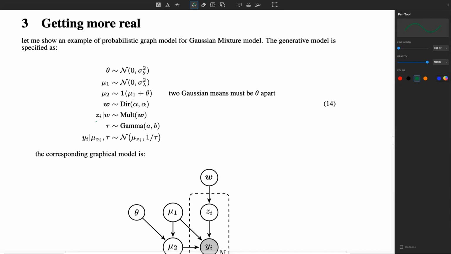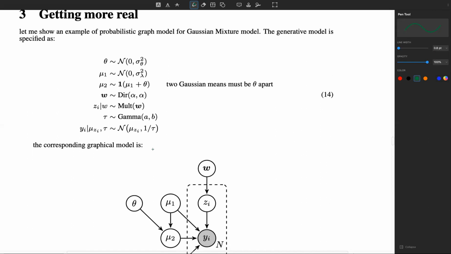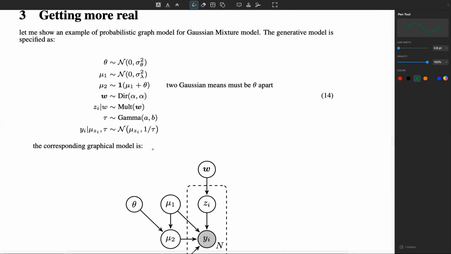So here you go. Here's a Gaussian mixture model. What's a Gaussian mixture model? We have talked about that in the data mining class, but who has seen a Gaussian mixture model before? Just imagine that I try to model people coming to BU. I model the time of arrival for people arriving at BU.